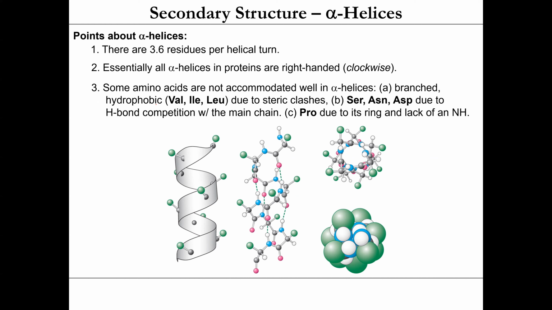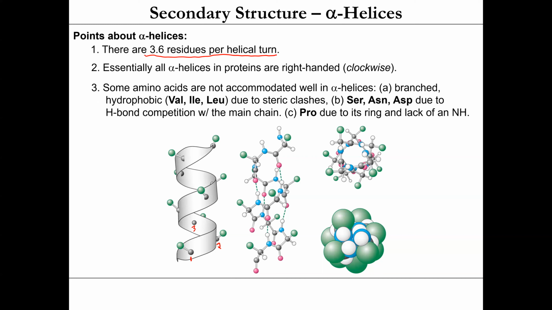There are a few features about alpha helices that I would like to draw your attention to. Number one is that there are about 3.6 residues per helical turn in these alpha helices. If this is a side chain from one residue right here, you have another residue right here, a second residue right here, and then this third residue is not quite one full helical turn.